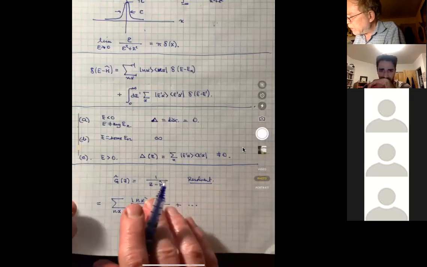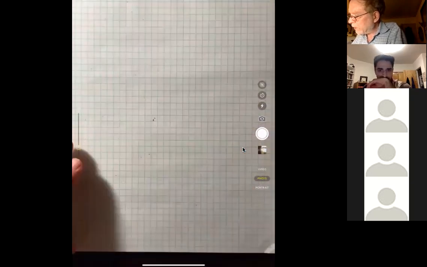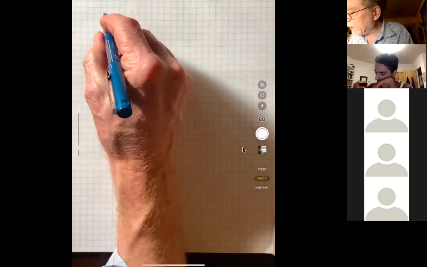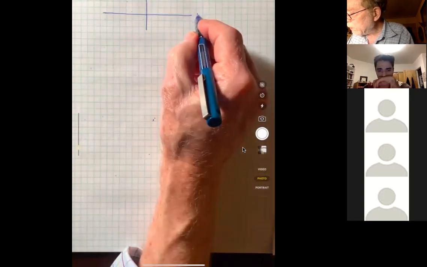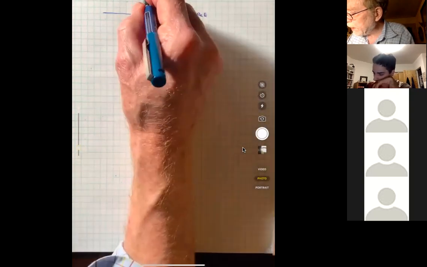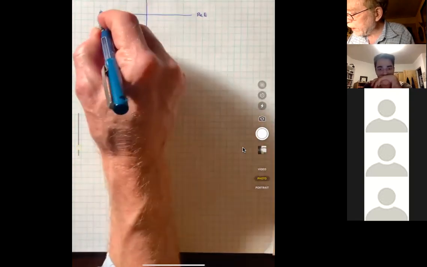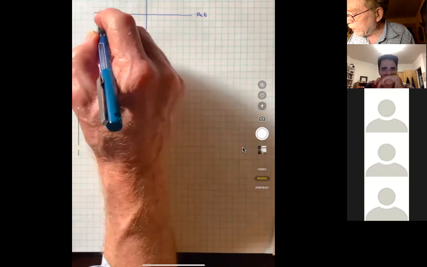And so what that leads to is some Cauchy theorem kind of results, if you know about contour integration and Cauchy's theorem. Let's draw the complex energy plane again, real and imaginary part of energy E. Let's say here's one of the discrete eigenvalues.